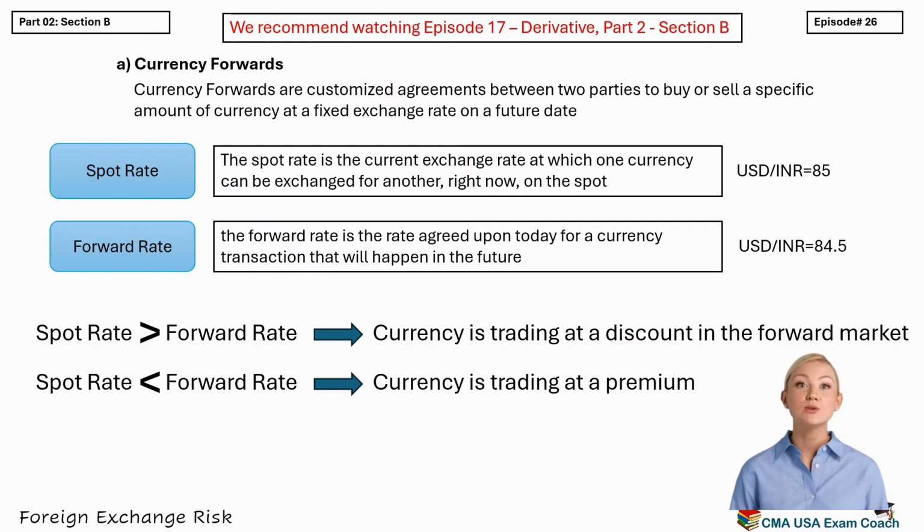These differences between the spot rate and the forward rate usually reflect expectations in the market about economic conditions, such as interest rate differences between countries, inflation trends, or investor sentiment. Understanding whether a currency is at a premium or discount helps companies and investors make better decisions when hedging their foreign exchange exposure using forward contracts.